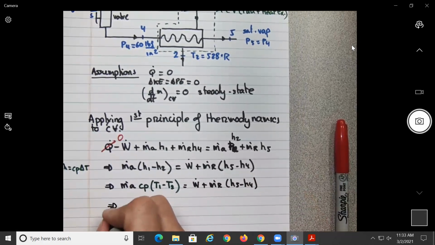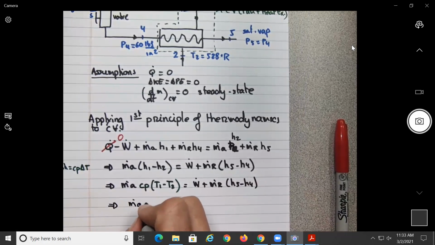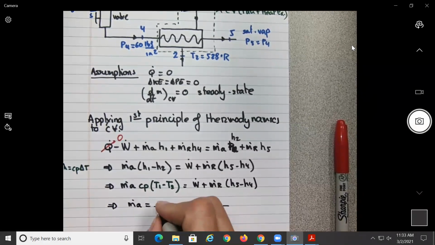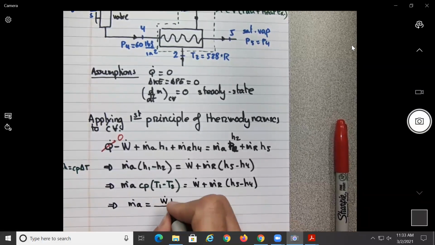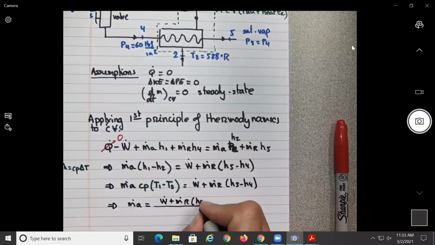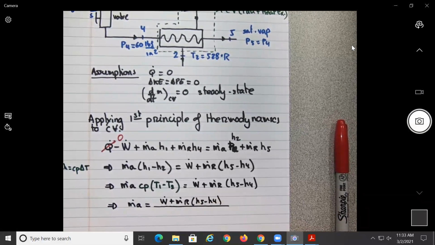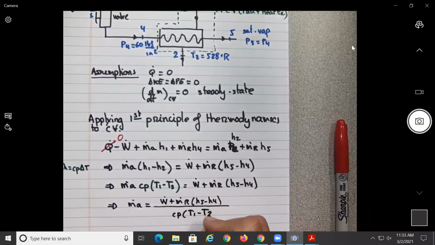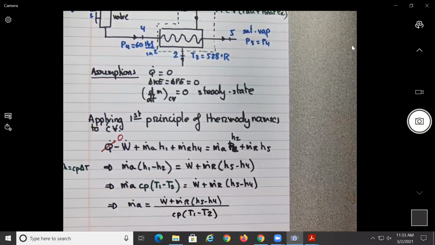So we need to solve for the mass flow of air. So mass flow of air will be equal to power plus mass flow of refrigerant, H5 minus H4, divided by Cp, T1 minus T2.